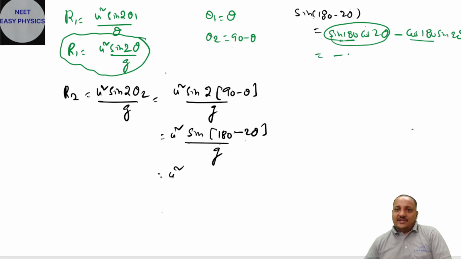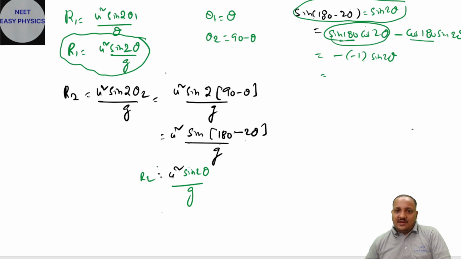What is cos 180? Cos 180 is going to be minus 1. This is minus, therefore finally you will get sine 2 theta. Some people may directly remember it, no problem for those people. So sine 2 theta by g, this is going to be R2.